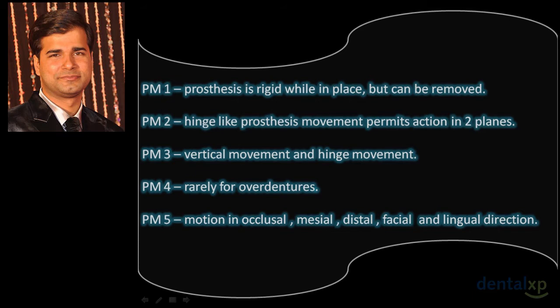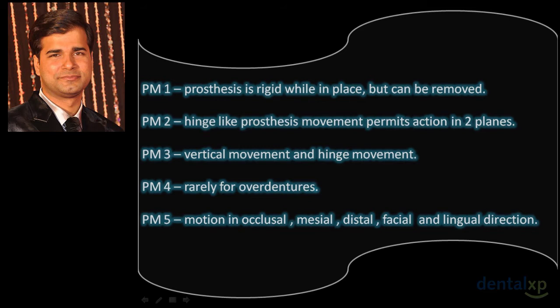So what is an example of that? The header bar and the clip is a type 2 attachment. When this system is placed perpendicular to the axis of prosthesis rotation, the PM will also be in 2 planes, PM2. However, if the header bar is at an angle or parallel to the direction of rotation, the prosthesis is rigid and a PM1 system takes over.